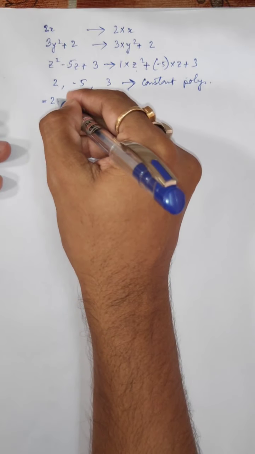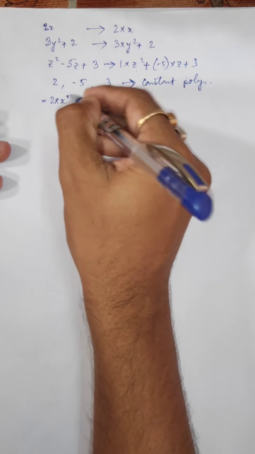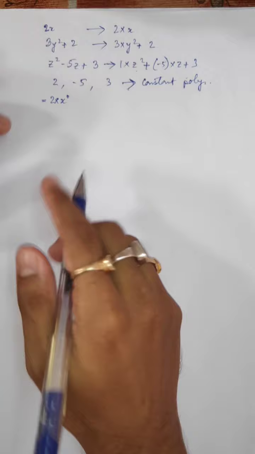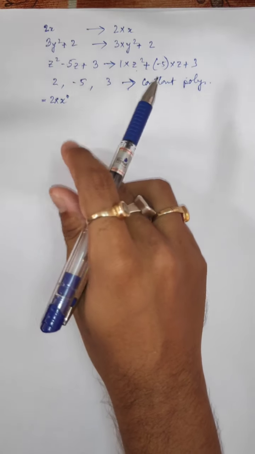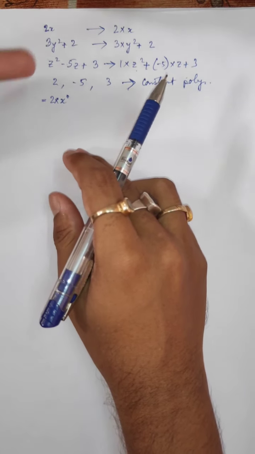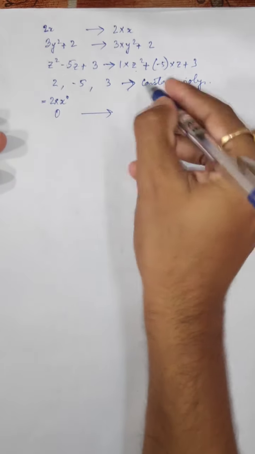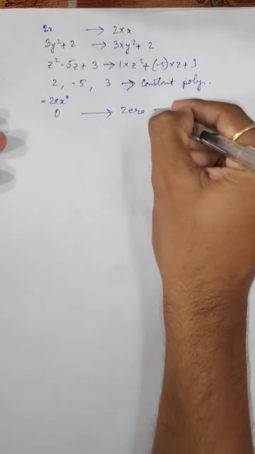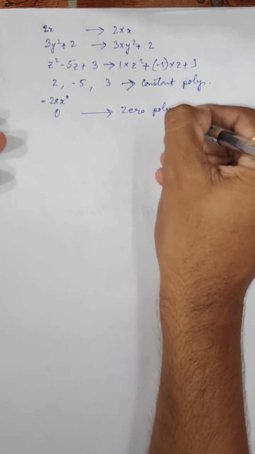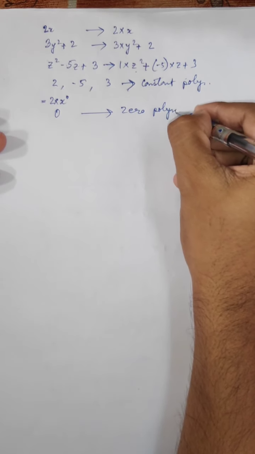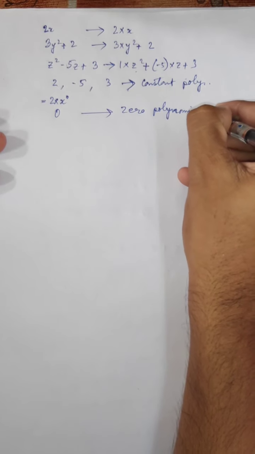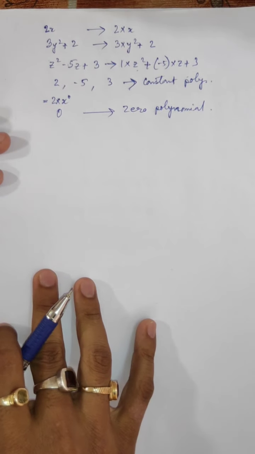Say 2 is actually 2 into x to the power 0. By the laws of exponents, you know the value of x to the power 0 is 1. So 2 into 1 is 2. Similarly minus 5 and minus 2 are called constant polynomials. And if we write 0, this is called the zero polynomial.